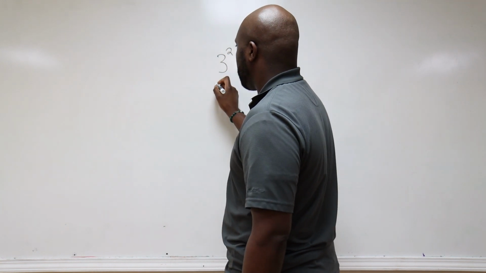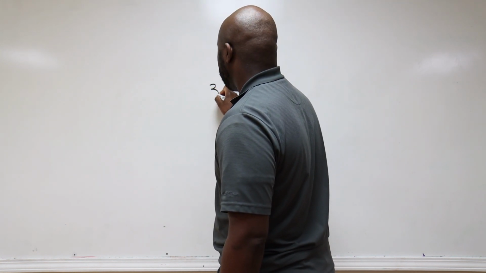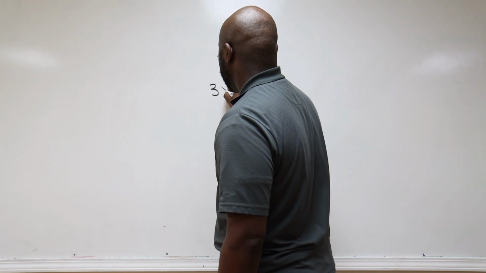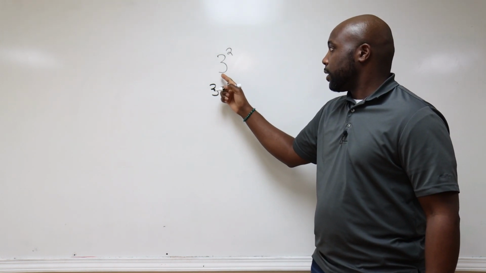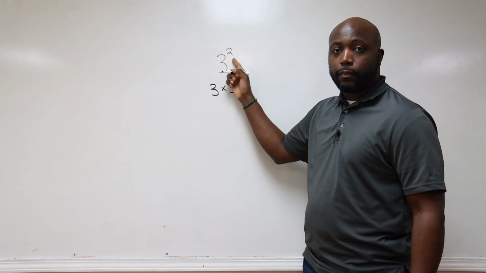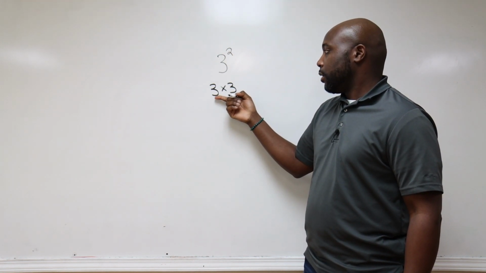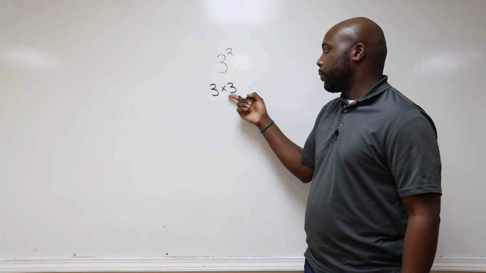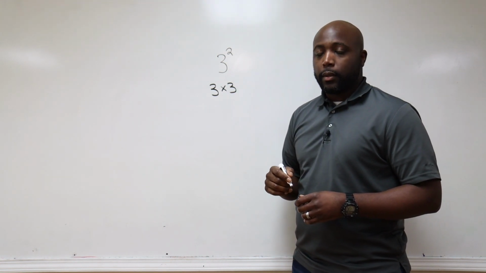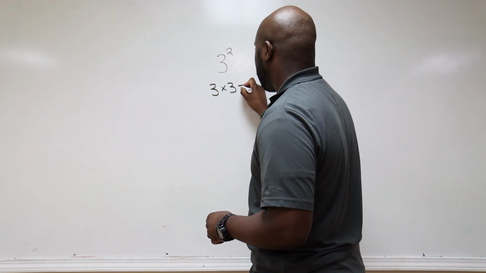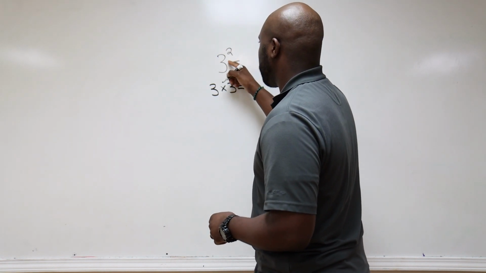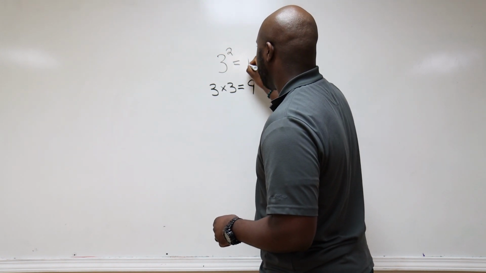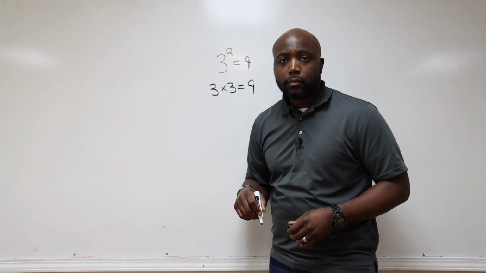So let's go ahead and write that out. It'll look like this: 3 times 3. Since we have an exponent of 2, it has a repetition of 3 multiplied by 3. 3 multiplied by 3 is 9, therefore 3 to the second power is 9.